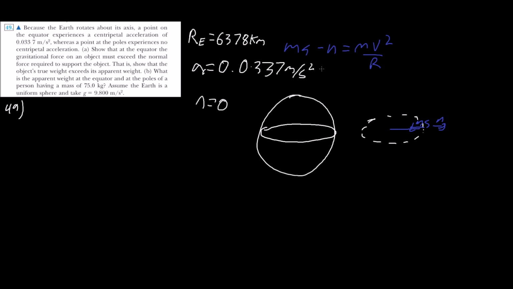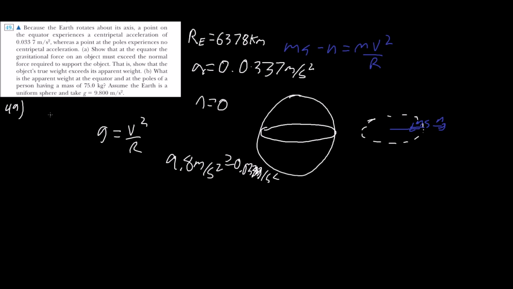Because the more v squared over r would be g. I guess we can just write this. g equals v squared over r. 9.8 meters per second squared. This would have to be greater than 0.033 meters per second squared.